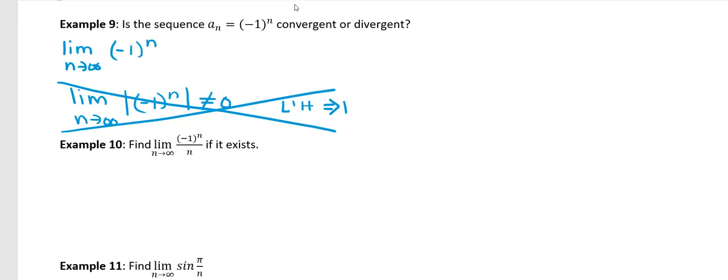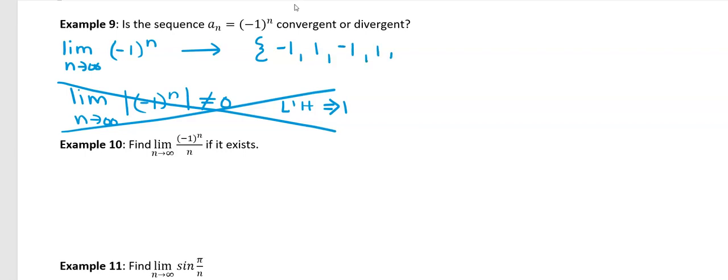So maybe it's just a good idea to figure out what's happening with this in general. If I were to write out a couple points in our sequence, what would happen? If n is 1, I'd get a -1. With an n value of 2, it'd be -1 to the second power, so that'd be +1. N equals 3 would be -1 to the third power, so -1.